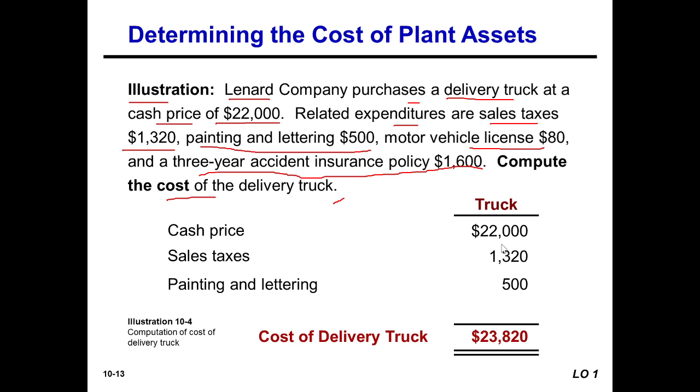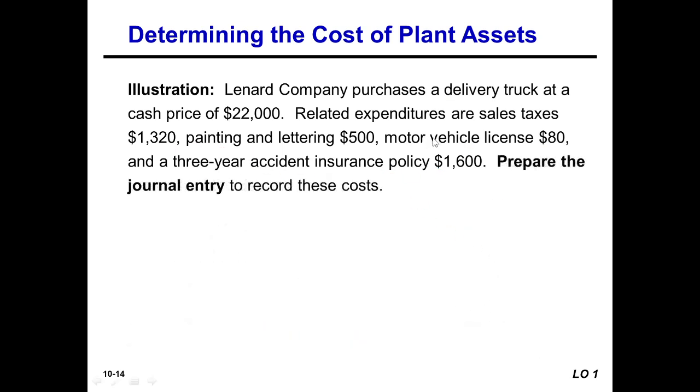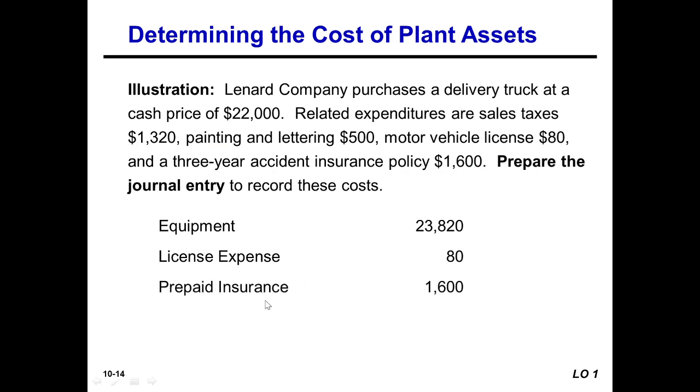Okay, I think everybody is clear. Next, prepare the journal entry. In the journal entry: debit equipment, license expense, prepaid insurance, and credit cash. So this is the journal entry of this example.